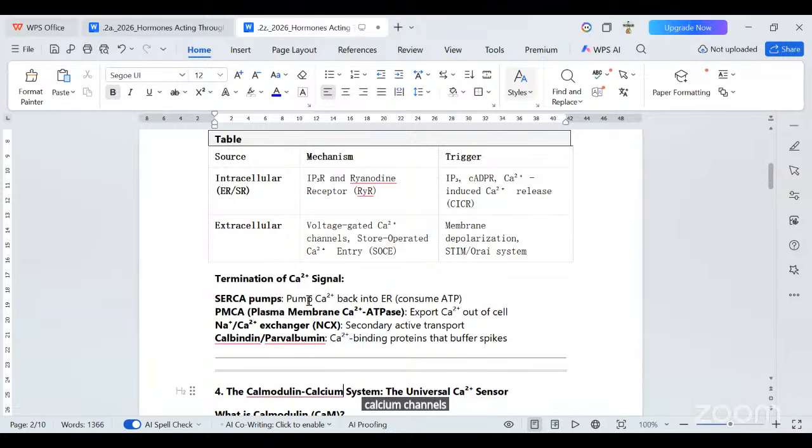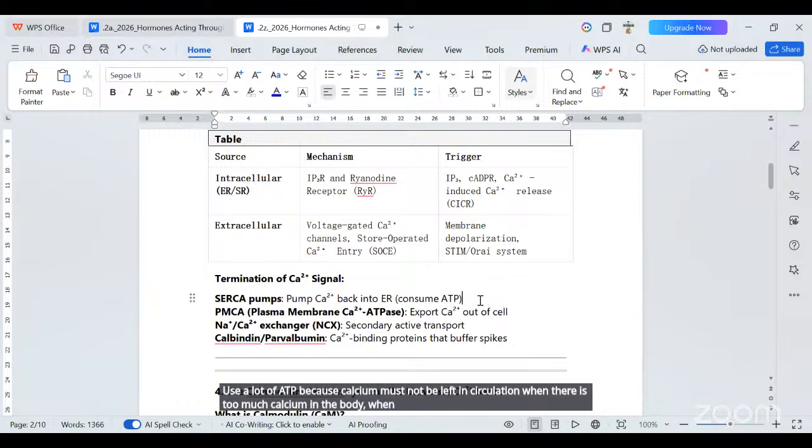They are channels that pump calcium back into the ER. And these pumps use a lot of ATP, because calcium must not be left in circulation. When there is excess calcium in the body that is not mopped up, that's when you have kidney stones.